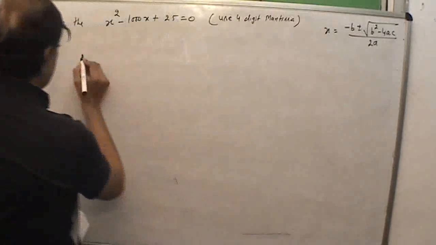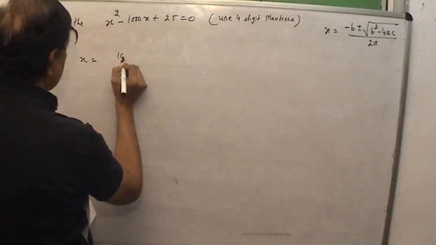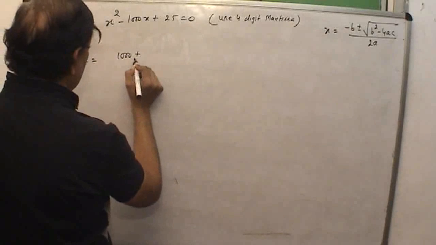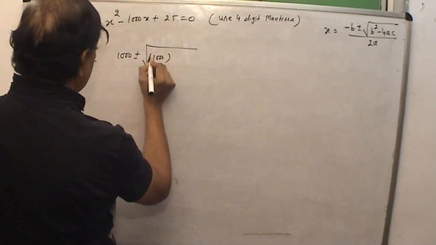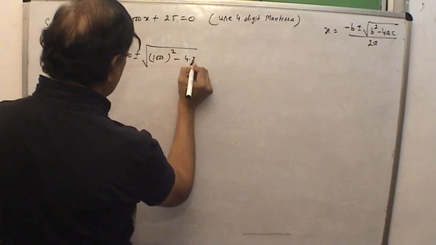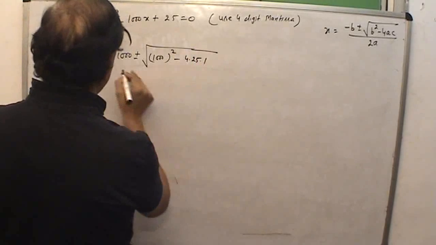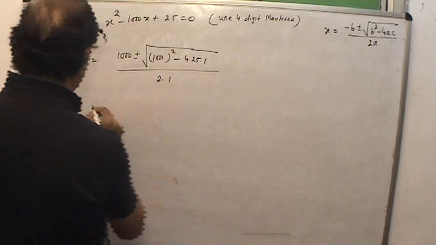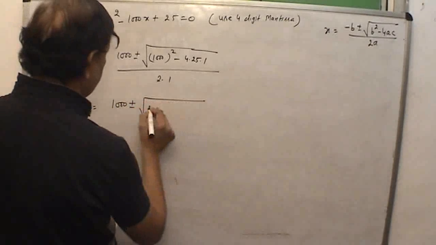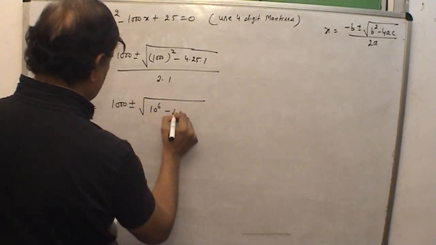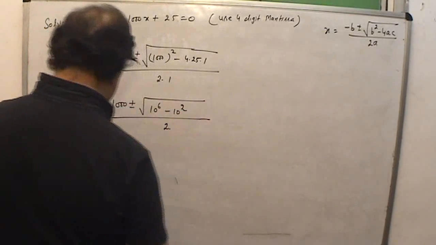Let us say x is equal to, again we follow the same rule for the roots, that is minus b plus minus under root of b square, that means 1000 square, minus 4 into a into c, divided by 2a. That is equal to 1000 plus minus under root of 10 raised to the power 6 minus 10 raised to the power 2, divided by 2.